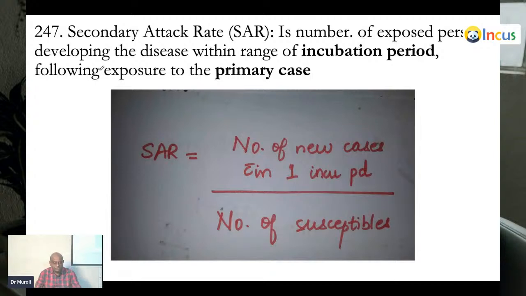Then what is meant by secondary attack rate is a very important question. Secondary attack rate.